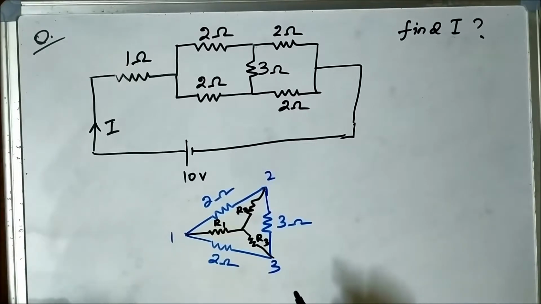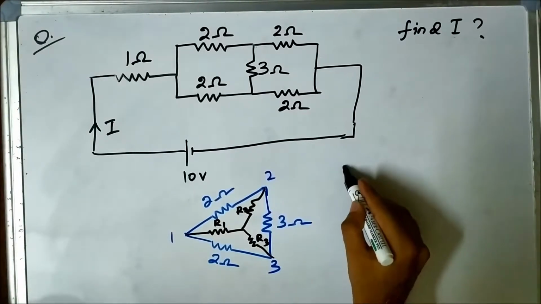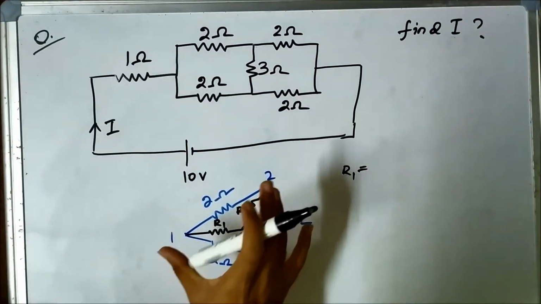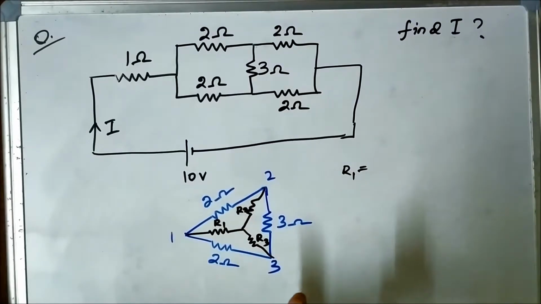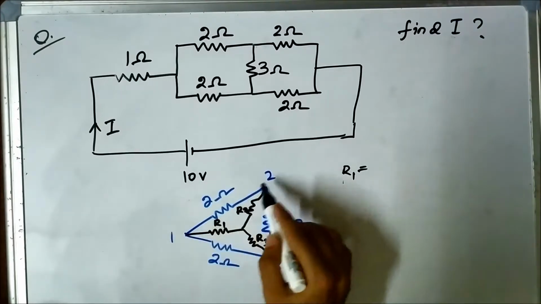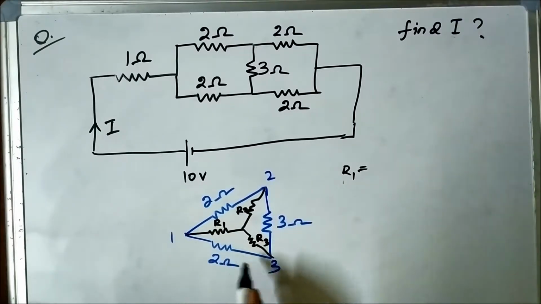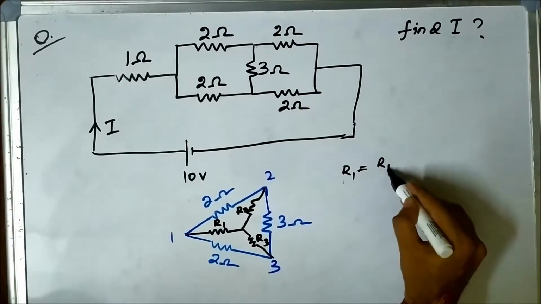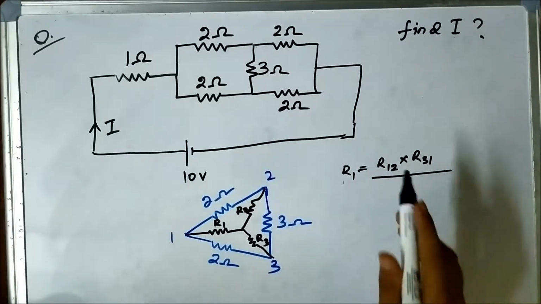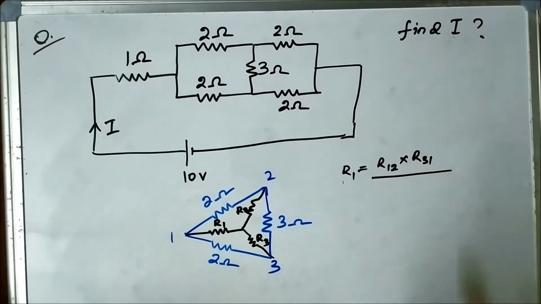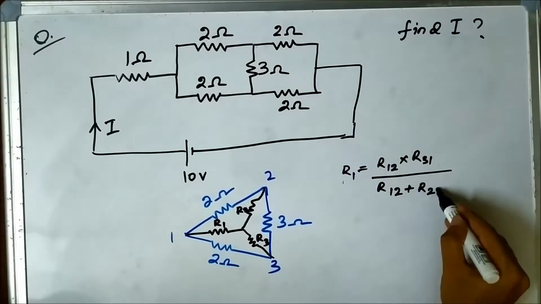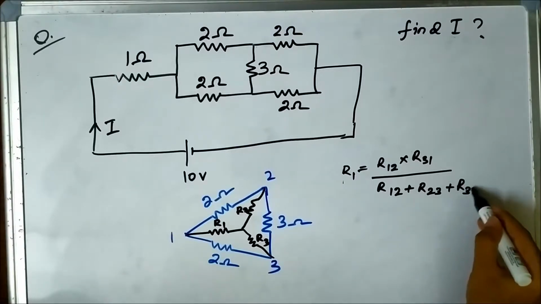The value of R1 is equal to, we have to include all the resistances in the delta shaped connection which have point 1 in common. So here it is R12 and R31. R12 into R31, and the denominator will remain the same in each of the 3 resistance calculations, that is R12 plus R23 plus R31.